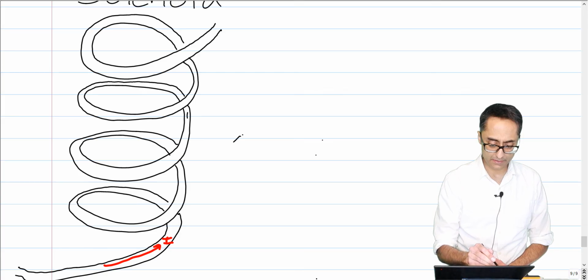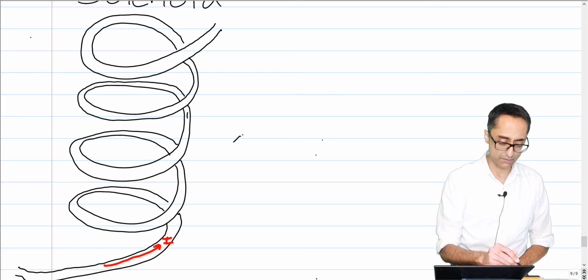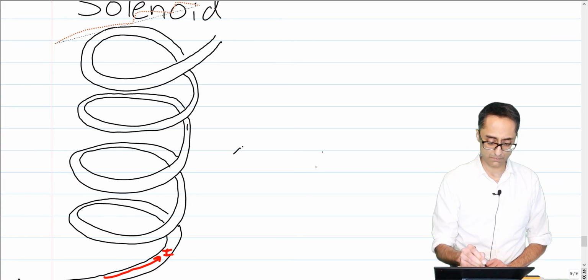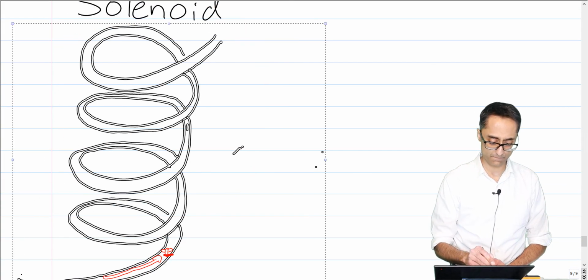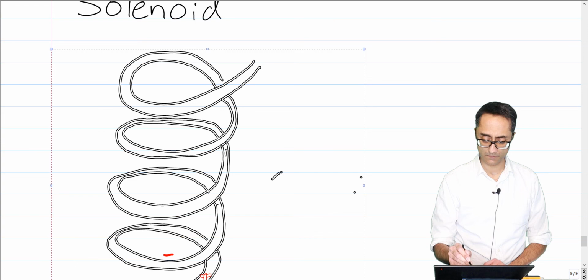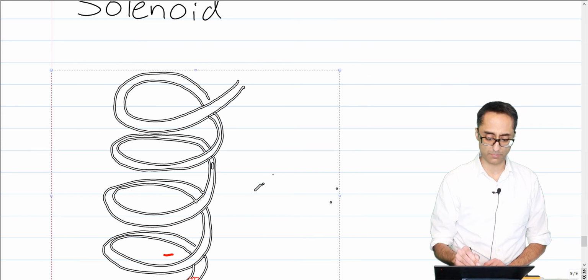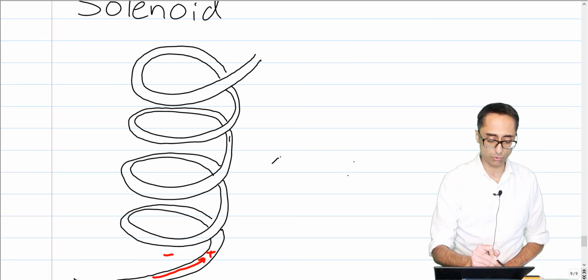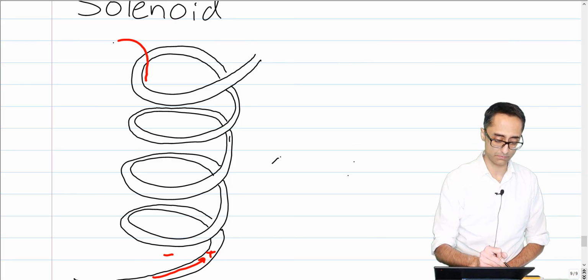And I'll make sure I've given myself enough room for this picture. Make it a bit smaller. There we go. The magnetic field direction is going to look like this. And tell me if this seems familiar to you.